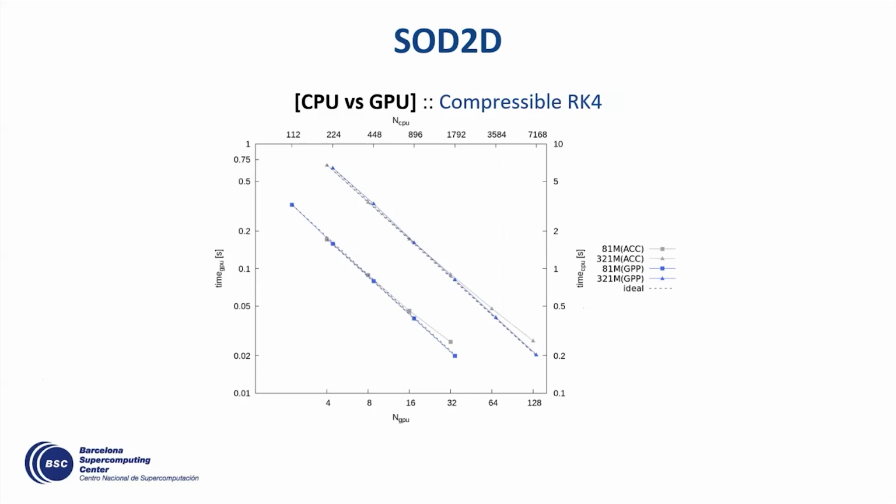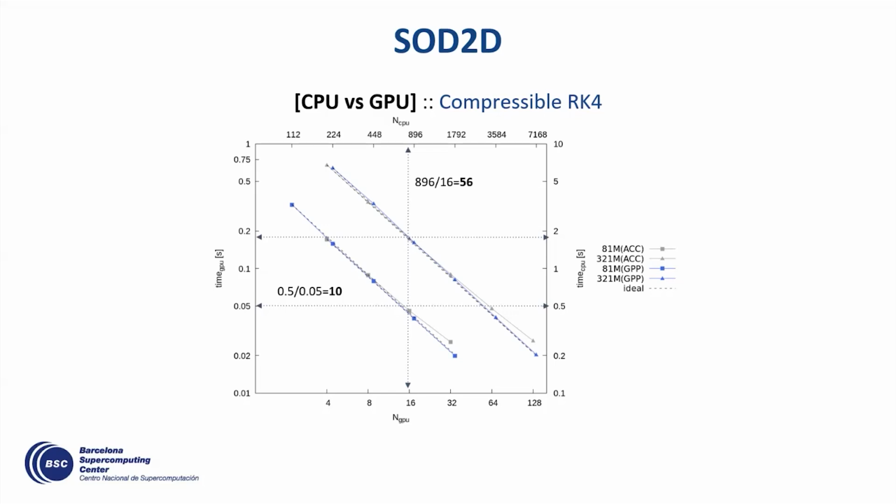And then what is interesting to see is that if you take a look at this point, for example, if I run the same simulation, because this scalability is for the same simulation, of course, if I use 896 CPUs, I will need 2 seconds to do one iteration. If I use 16 GPUs, it will take like 0.2 seconds to do the same iteration.